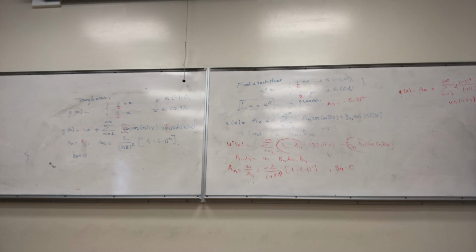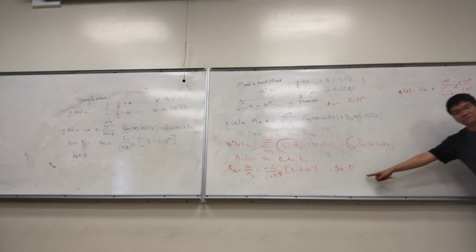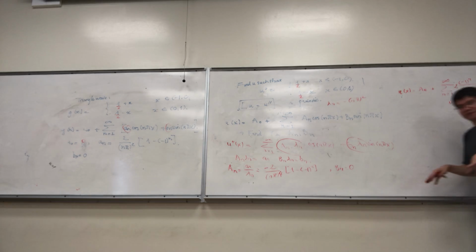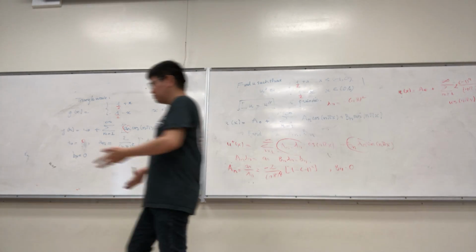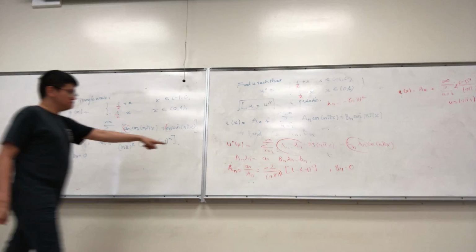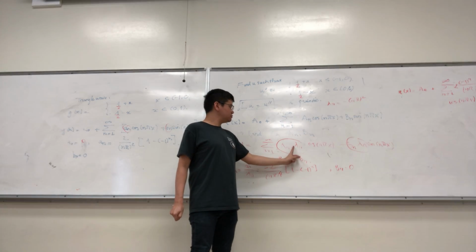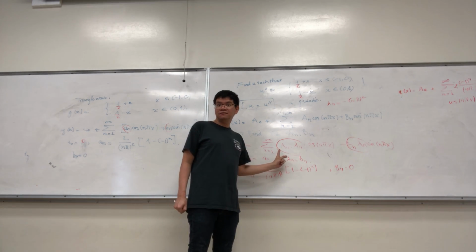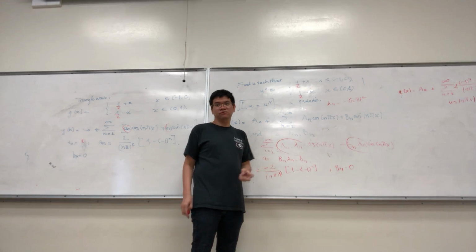And the sine is missing because Bn is 0. And this is the solution of the equation, right? So now you see the point of using eigenvalues. When you do eigenvalues, you just have to multiply all of the coefficients with this lambda n. So this is very simple.